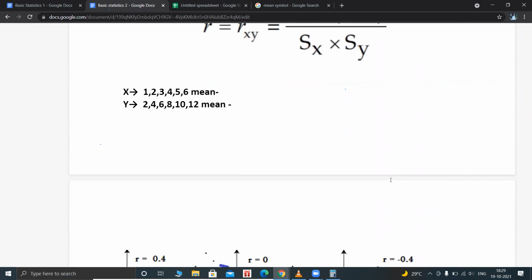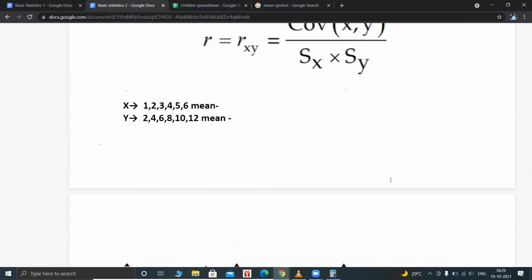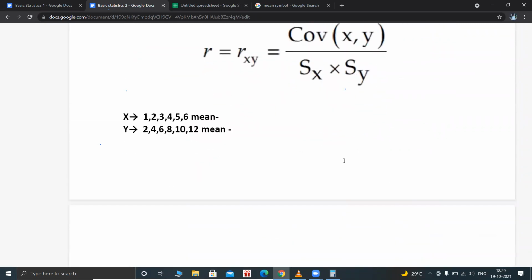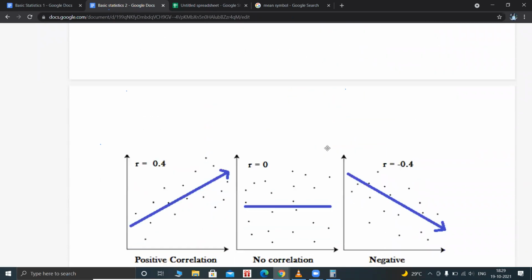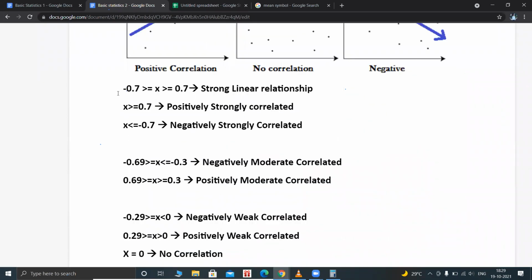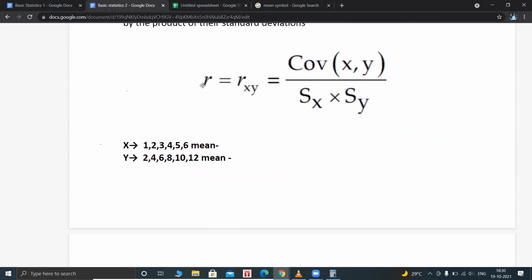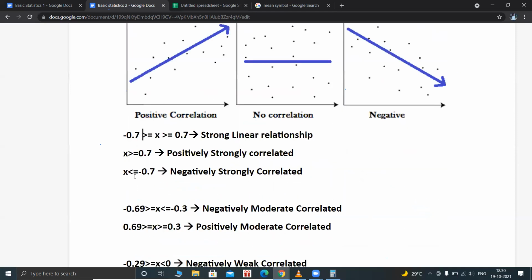Okay, so that is basically the thing, correlation. And see here, if the correlation you got is minus 0.7, guys, tell me the correlation. Whatever the r value you are finding for these two, x and y, your r value is minus 0.7.